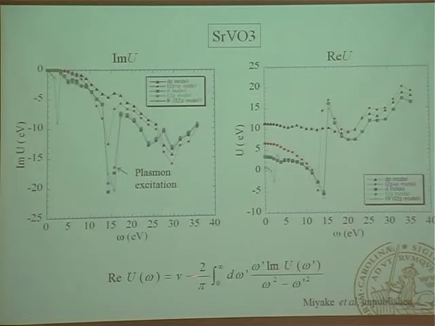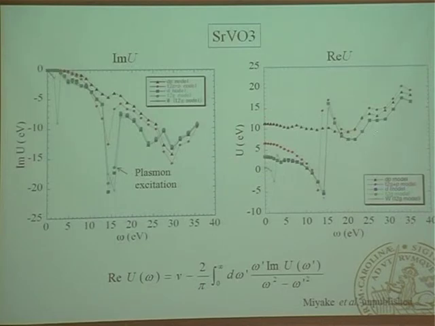And the real part is basically just Kramers-Kronig. There is a well-defined relation between real and imaginary part, like Vijay discussed yesterday. So this is the real part of U. As you go from the simplest model, the T2G, to the bigger model, TP model, then the U, of course, increases for the static value.